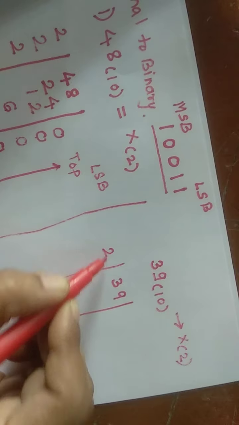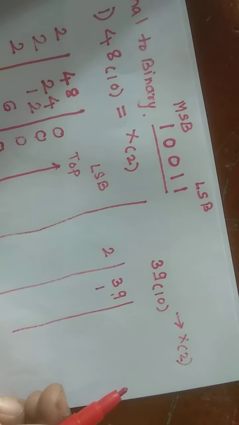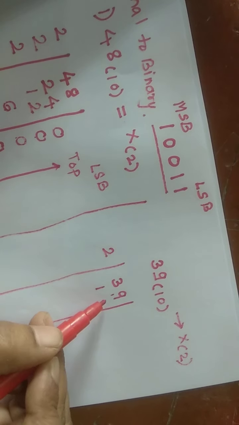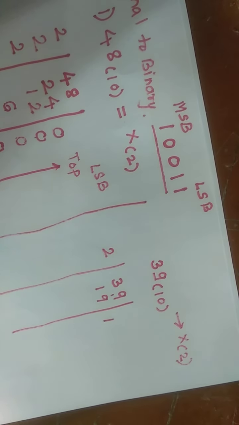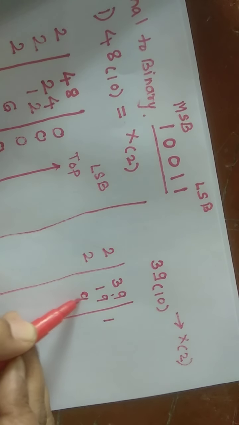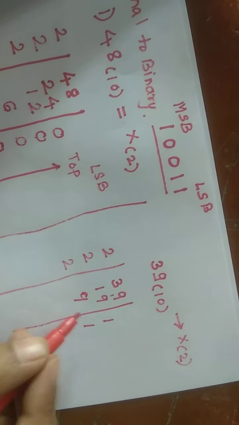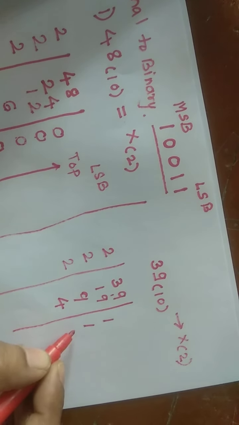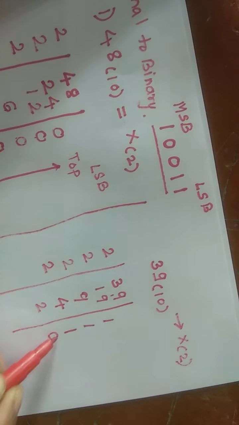I will write here 2. 2 1s are 2. Here 1 will be left. 2 9s are 18. 1 will be the remainder. Again 2 4s are 8, 2 9s are 18. Remainder will be 1. 2 4s are 8. Remainder will be 1. Now 2 2s are 4. Remainder will be 0.